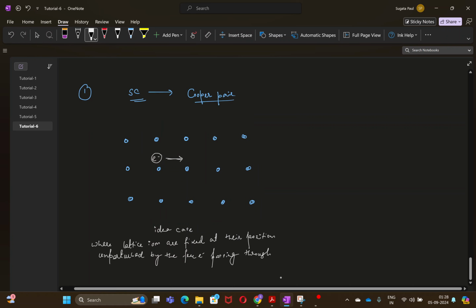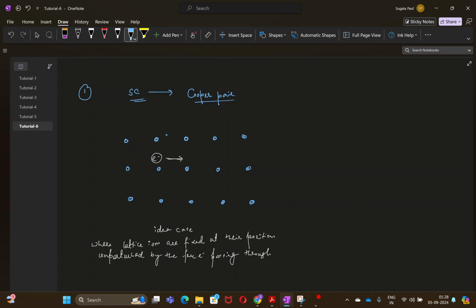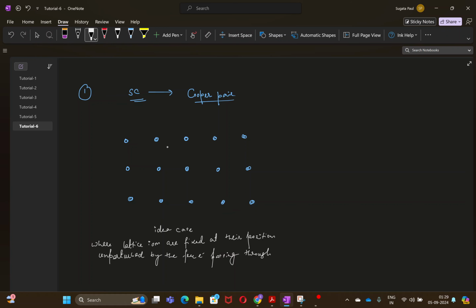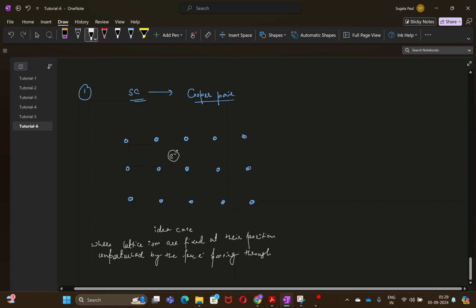Okay. But in the real case, because these ions are mainly positively charged ions, having an electron shortage, they will be attracted, because there is a Coulomb attraction between the electronic negative charge and the positive lattice ions. Whenever the electron is in the vicinity, let's say the electron's position is right now somewhere around here, all the ions right in the vicinity of that electron will be attracted to move towards the electron.